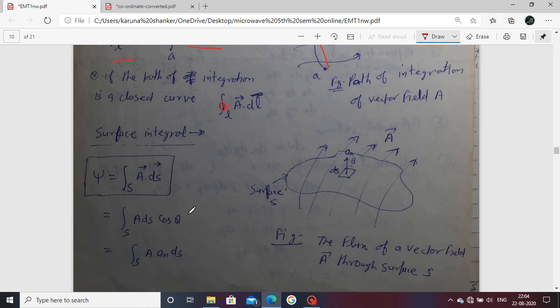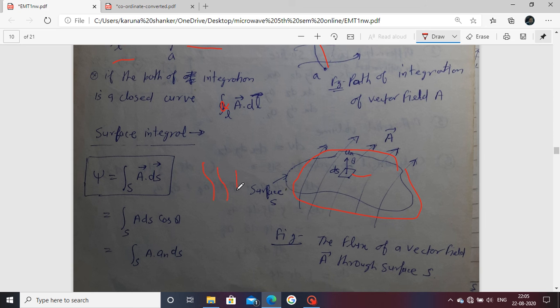Now surface integration. You see here one surface area and one small differential surface area. The surface integral is shown with suffix s used here, meaning the surface area is also represented by a double integral.